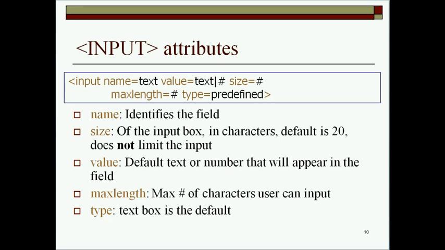The input tag that we mentioned earlier also requires a whole bunch of attributes. The name identifies the particular input, but it is required because we need to know the particular data that is collected through this form, which element it was that collected it. So at minimum, you have to specify the name for the input.